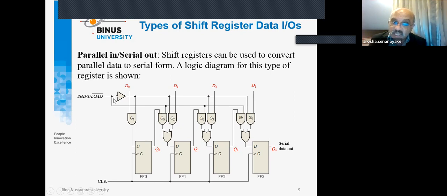It comes down here. That means as far as this is 0, independent of whatever value we have here, we get 0. So we get 0 independent of the value you have. Likewise all are connected, so as far as this signal is 0, no shifting occurs. That is the guarantee.